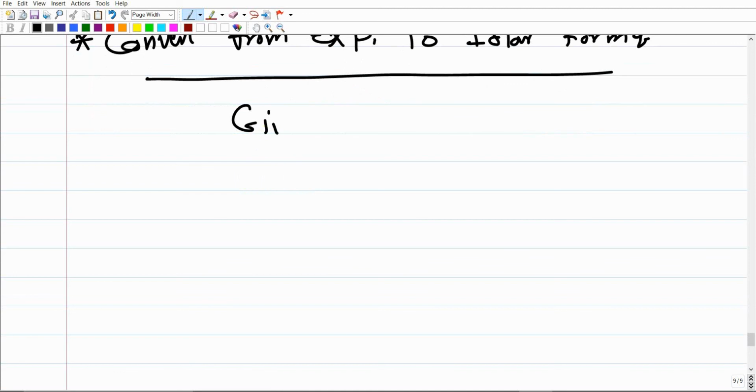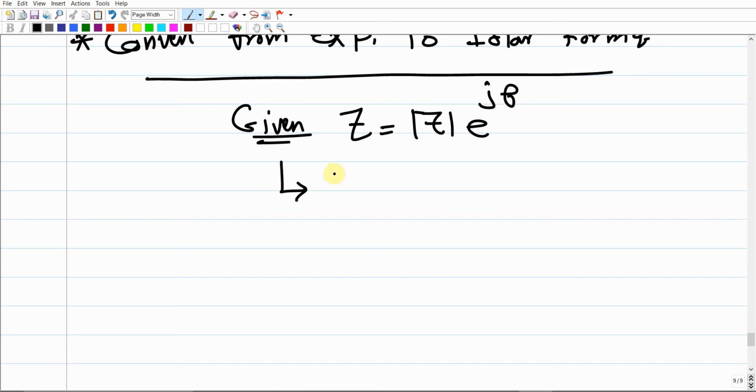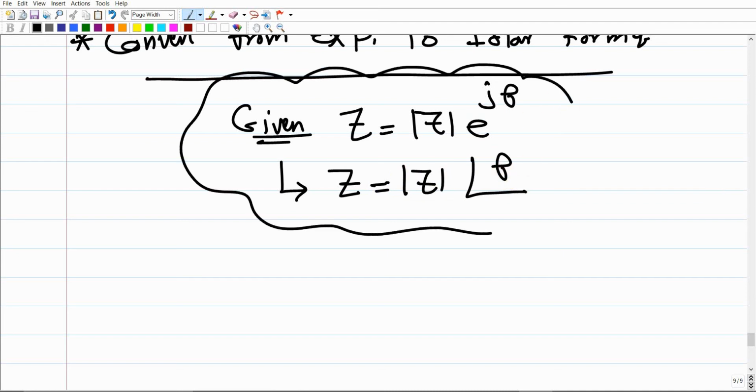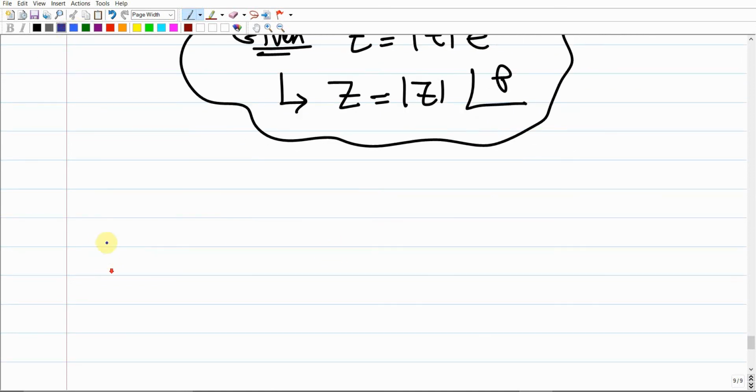For a given z in this form, magnitude of z and e to the power j theta, its equivalent polar form is going to be z equal to the magnitude, the same value, and instead of using the exponential, you're just going to use the angle theta. This is a straightforward approach to convert from exponential to the polar form. It is even simpler than the previous, the rectangular one.